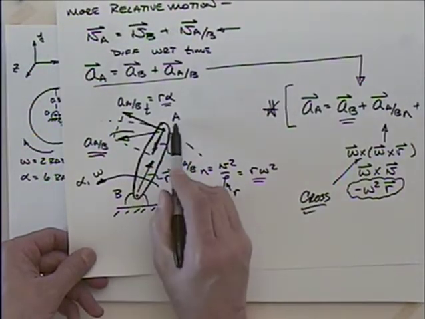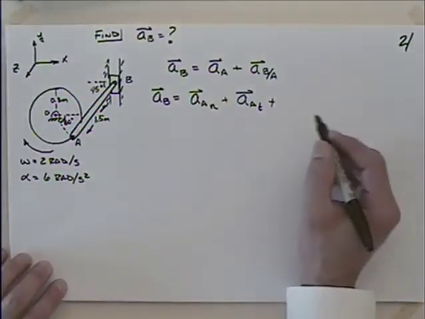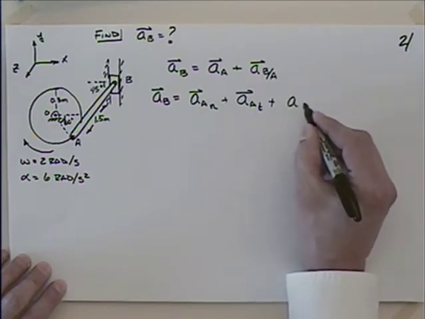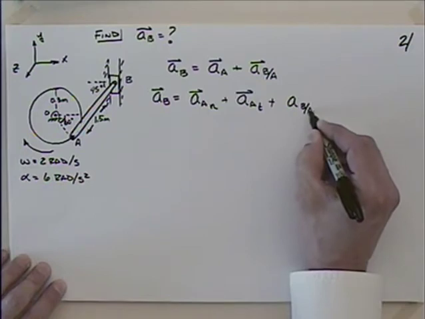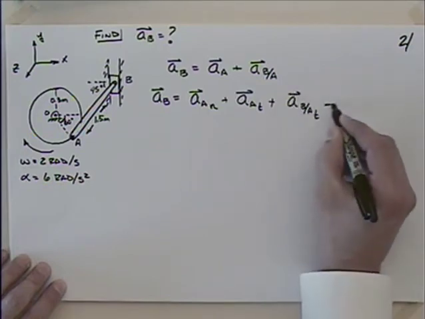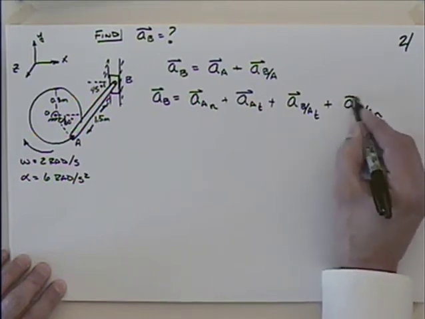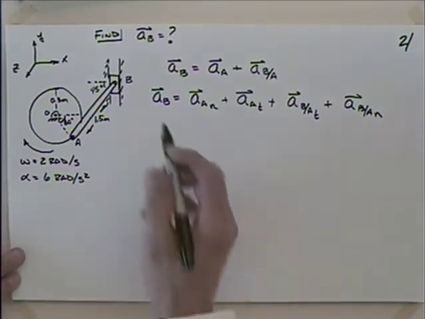It would be B rather than A. So it'll have a normal and tangential piece too, won't it? So I could say that this will be the acceleration of, let's do the tangential first here, B with respect to A in the tangential, plus the acceleration of B with respect to A in the normal. Okay. So I've got those all expanded out.